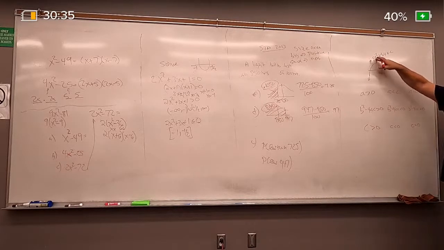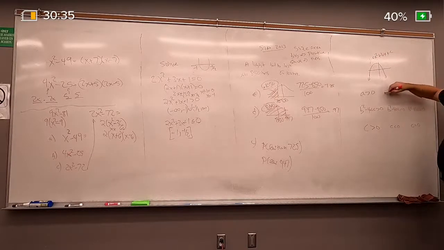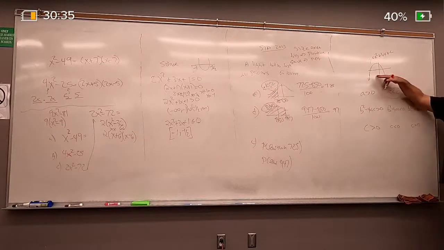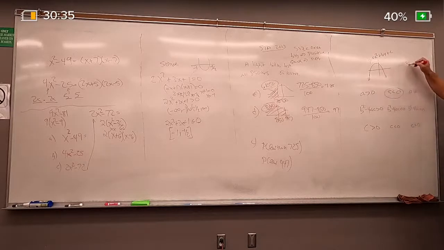The number in front of the x squared does. When the number in front of the x squared causes it to go down, A must be less than 0. Wait, what? The parabola is concave down, yes? Doesn't that mean it's like negative x squared? Yeah. So then the number in front of the x squared has got to be a negative number. Oh, okay. All right?